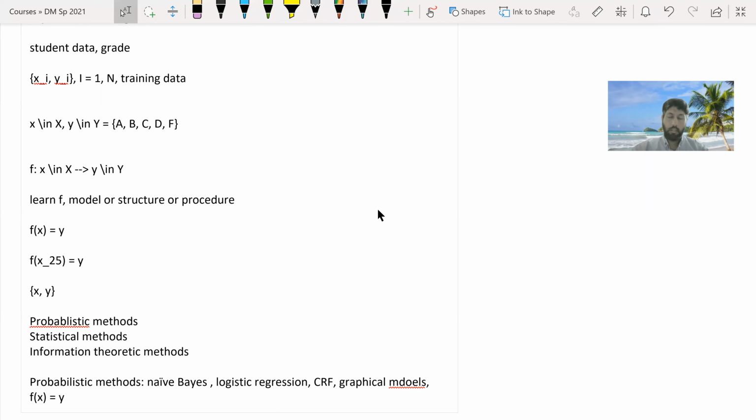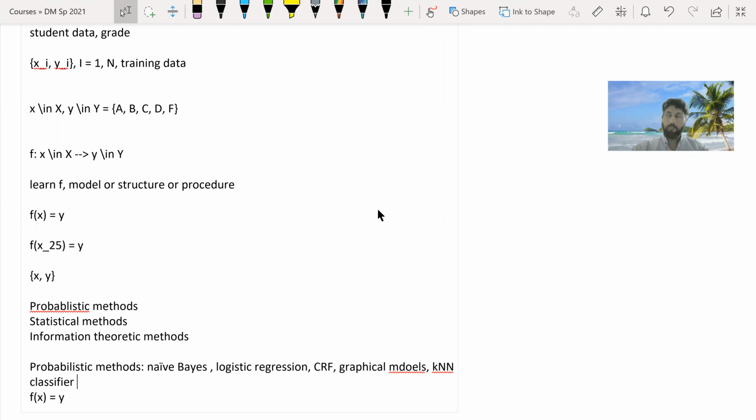And there are various categorizations, but I will also add within this probabilistic category the technique called the K nearest neighbor classifier. So K nearest neighbor classifier is also a probabilistic classifier. So these are some of the probabilistic classifiers.